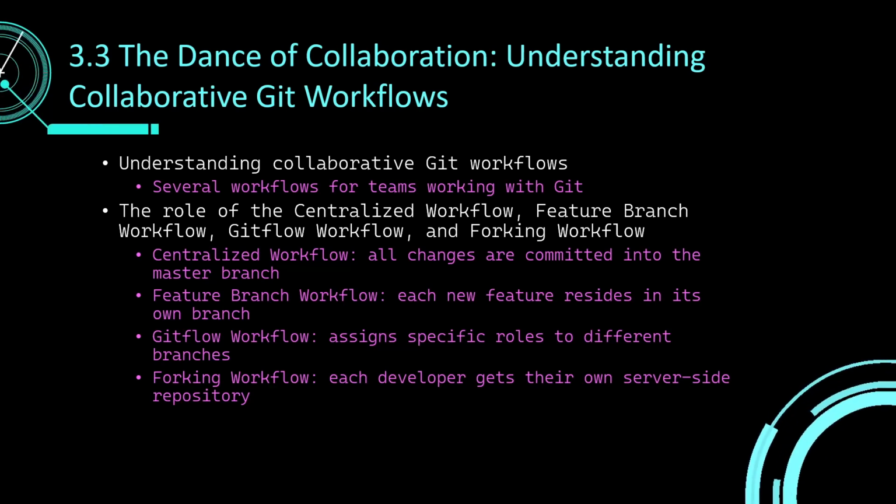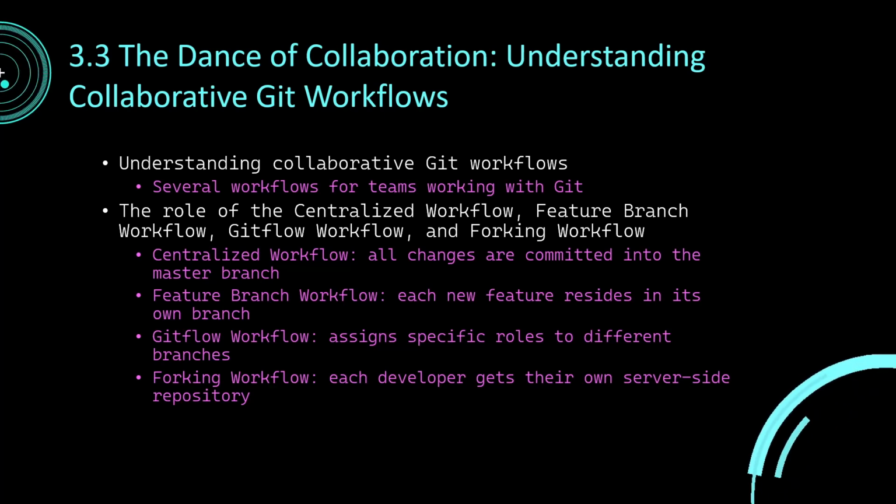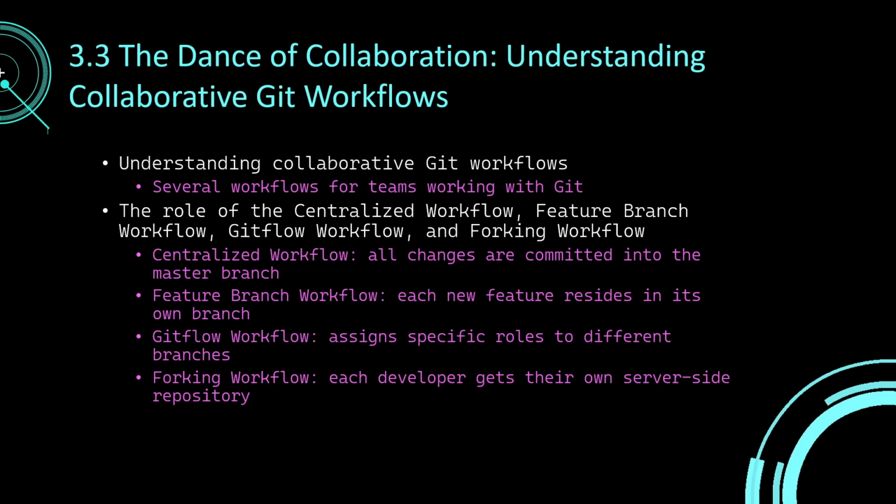The second workflow, which is actually the more common workflow that you'll see in teams, is the feature branch workflow. This is where we create a new feature branch or a new bug fix branch for each individual fix or feature. This method essentially protects the main code base, so it makes the development of a new feature and the integration process a lot smoother.